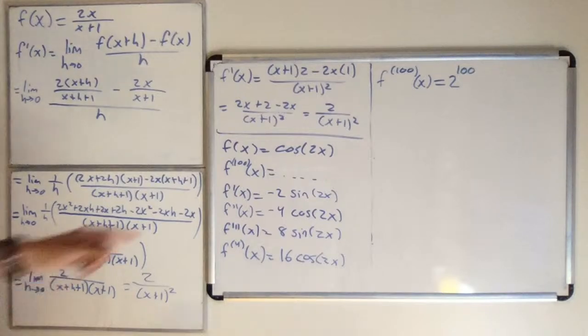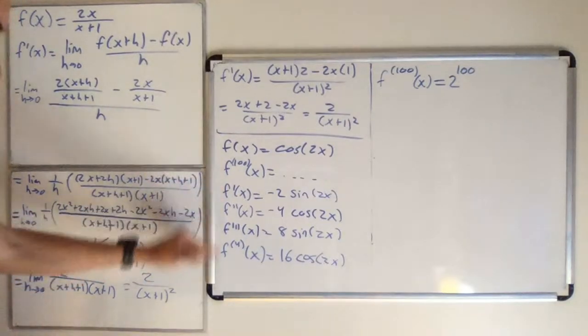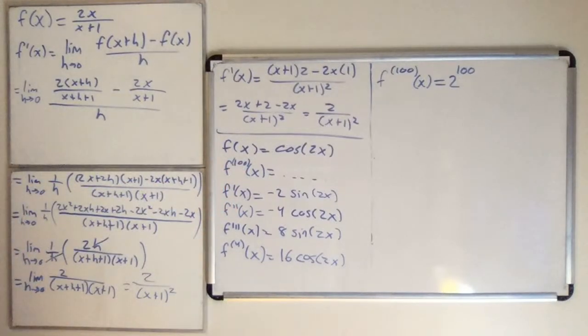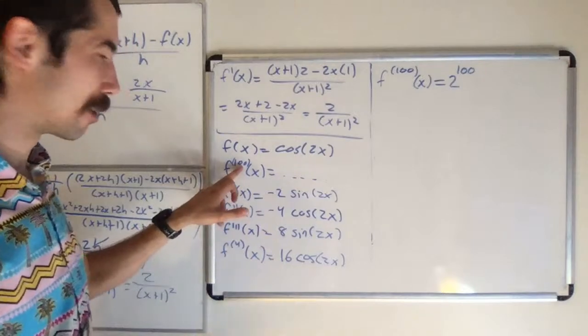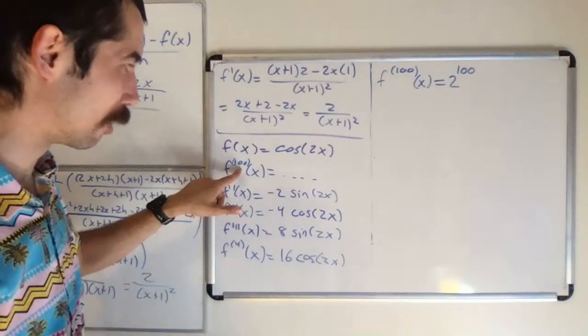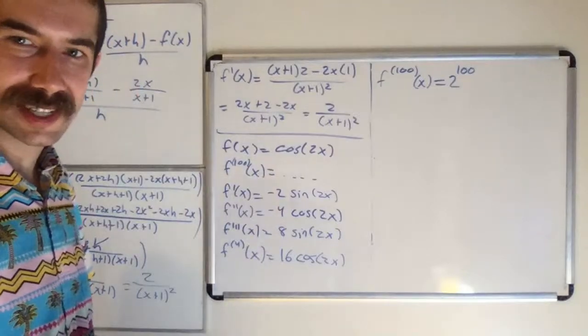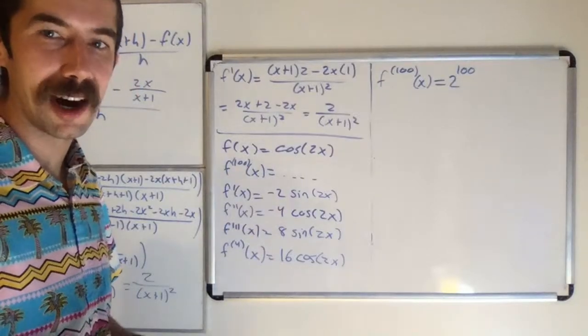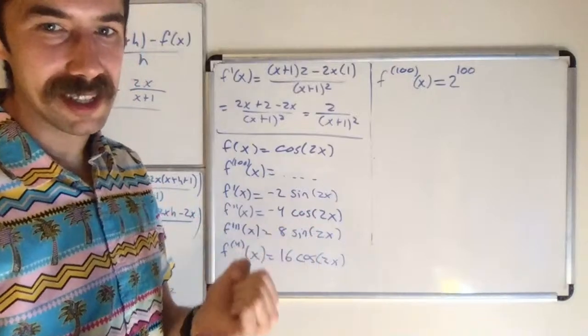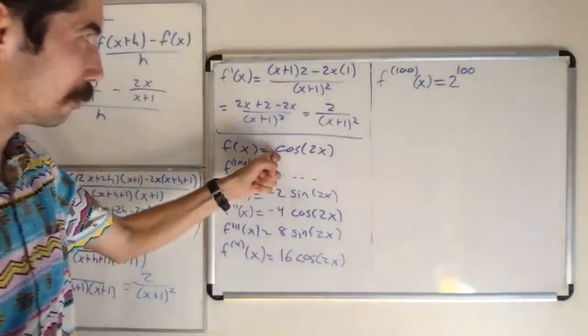Then we have to figure out where in the cycle the 100th derivative is. Remember, the way we did that was you divide 100 by 4 and look at the remainder. 100 divided by 4 is 0, so it's the same as the 0th derivative, the function we started with.